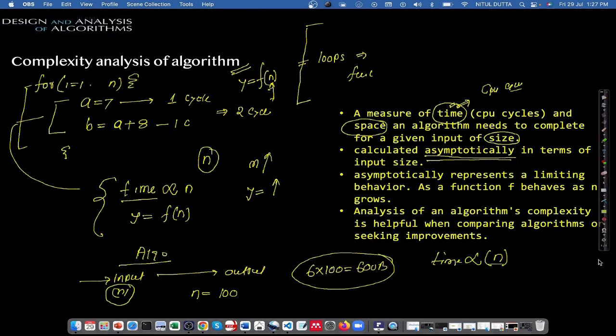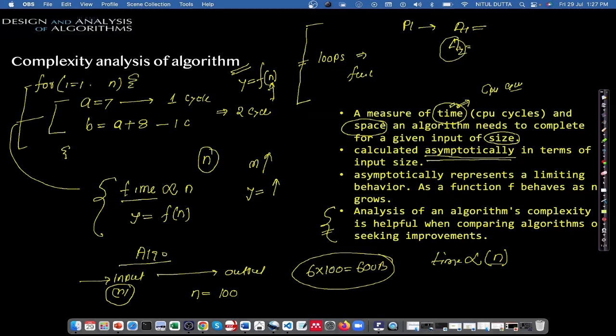This analysis of algorithms helps us in many ways. First of all, we can analyze two algorithms for the same problem. Suppose I have a problem P and I have two solutions, A1 and A2, and we need to decide which one to use.